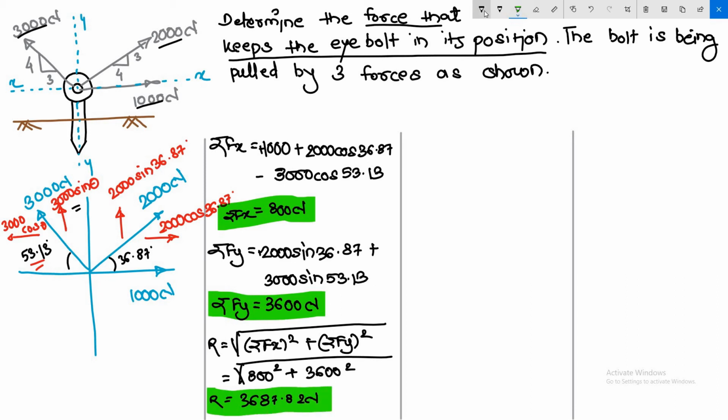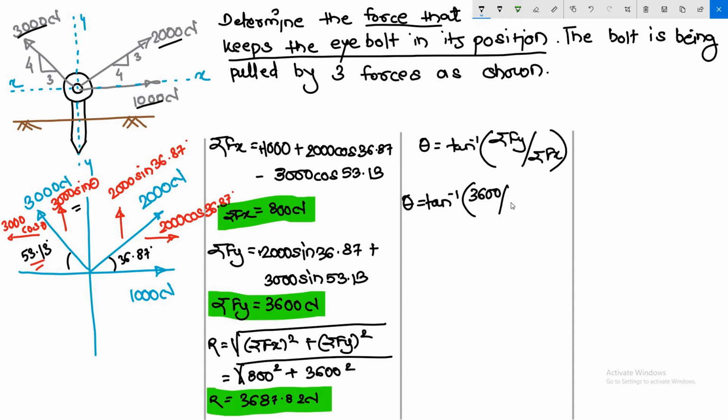Okay, now the first parameter regarding the resultant is clear, that is its magnitude. Now we want to determine how much is the inclination that this resultant is going to make with the x-axis. The formulation for that is theta equals tan inverse of, remember, summation Fy in the numerator and summation Fx in the denominator. Therefore, theta here is going to be tan inverse of 3600 over 800.